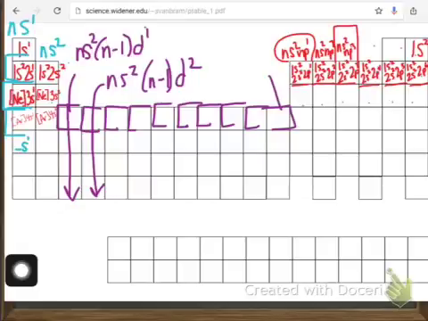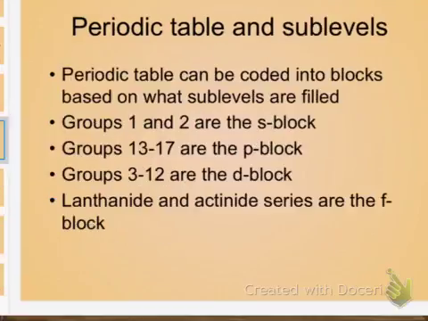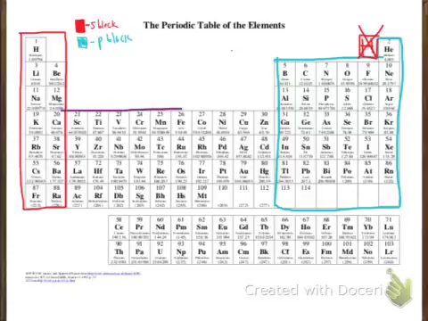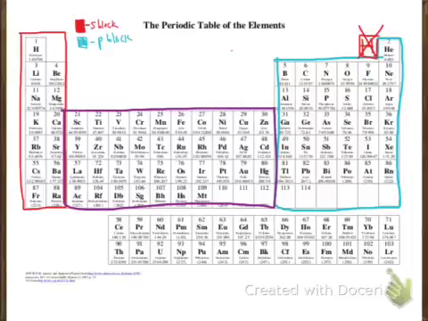So by the time we get over to here, we've got NS2, N minus 1, D10. Hard to draw. So guess what we call this middle section? Yeah, it's the D block. So pick yourself a pretty color. Label appropriately. That's the D block.